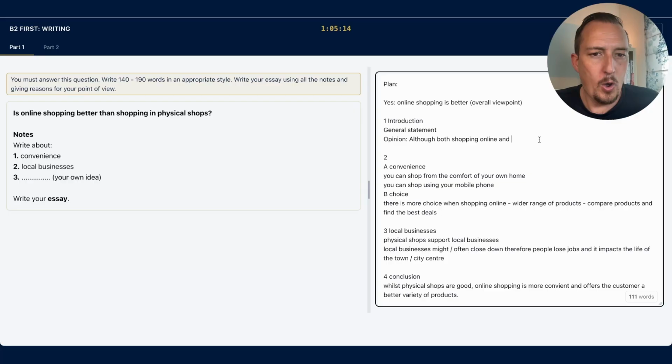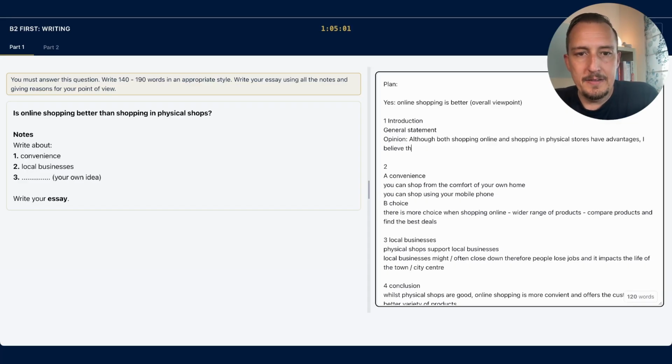So yeah, why not that? So although both shopping online and shopping in physical stores have advantages, I believe that shopping online is usually better.